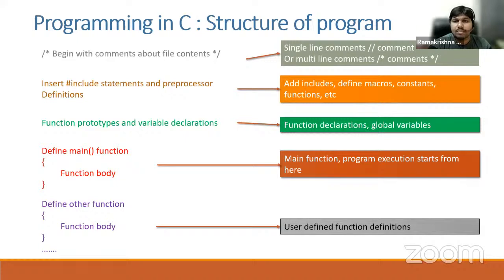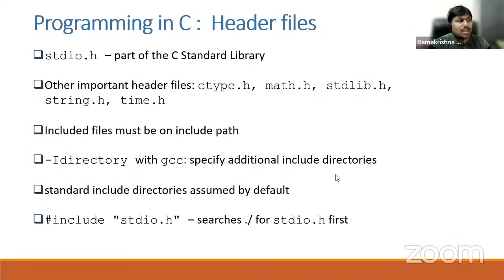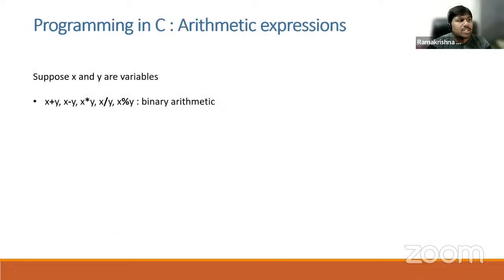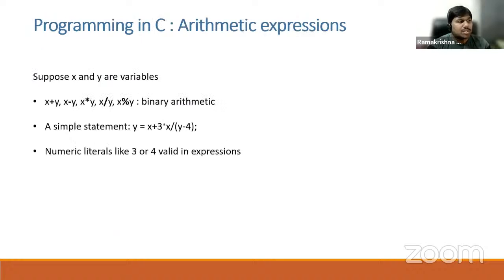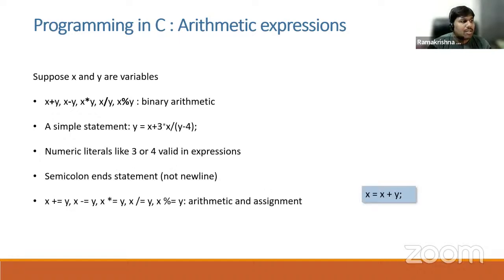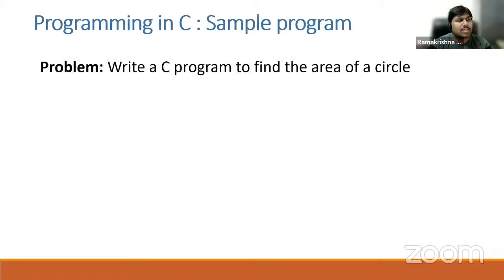So we have seen header files and some other stuff, and now we have seen the arithmetic operations, what is allowed in arithmetic operations and expressions. We have seen this stuff, and we have seen the area of a circle.